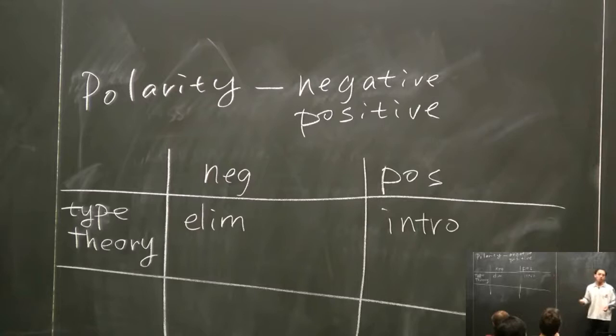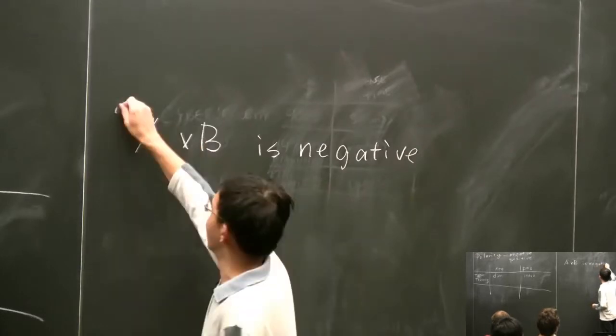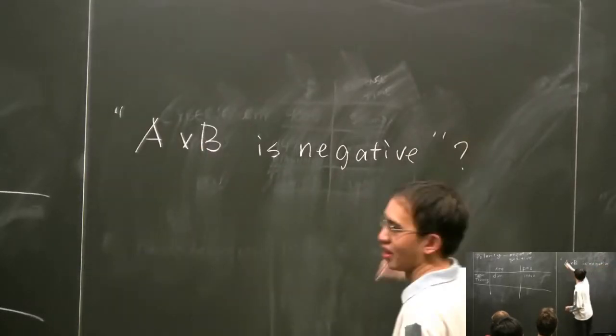Actually, we just reviewed the constructs we have in the intuitionist propositional logic. So let me give products. A times B is negative in our presentation. So why is that true?